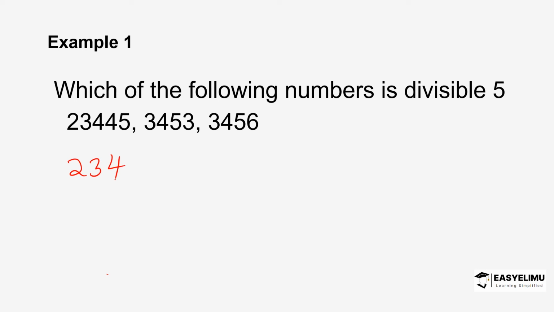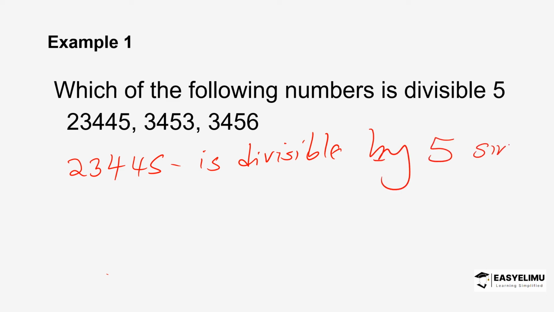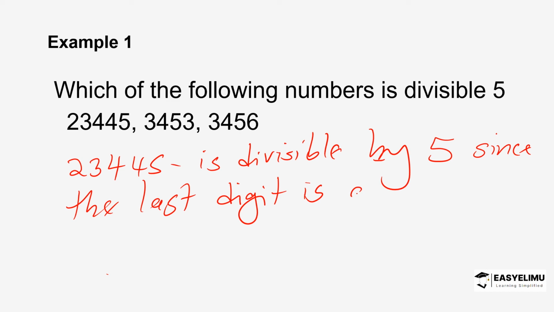So 23,445 is divisible by 5 since the last digit is a 5, or just say the last digit is 5.